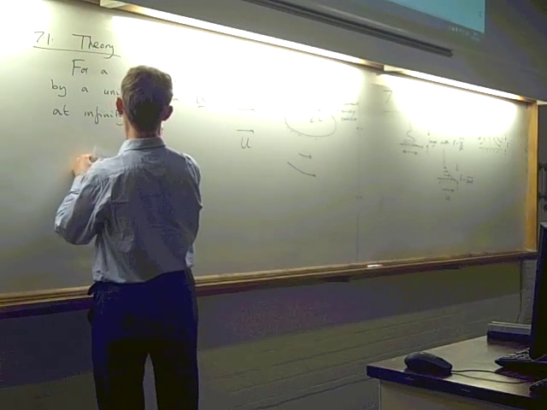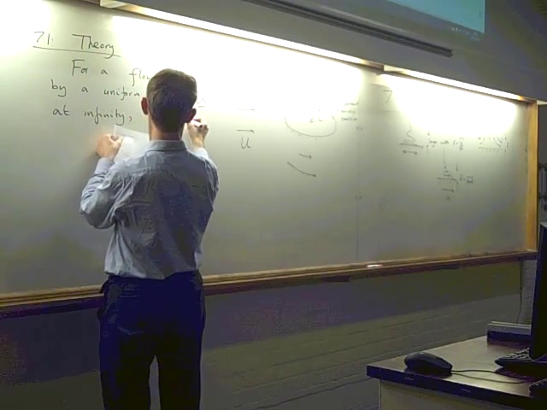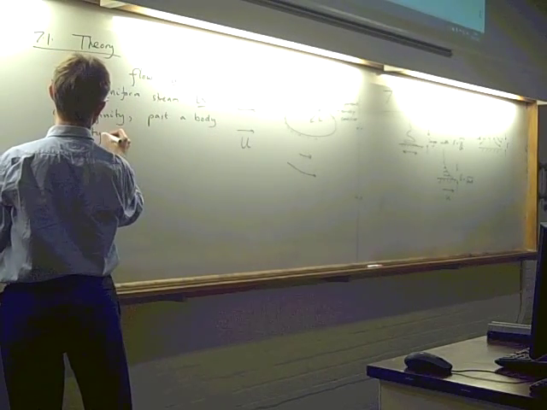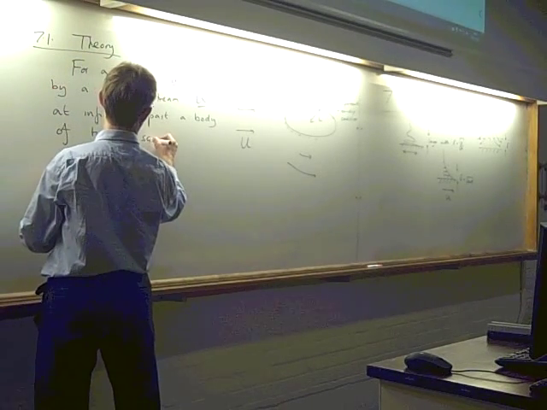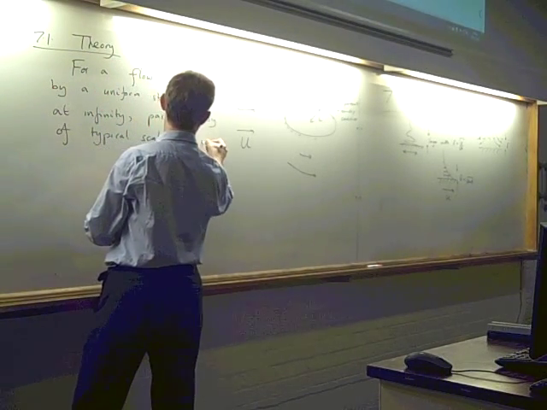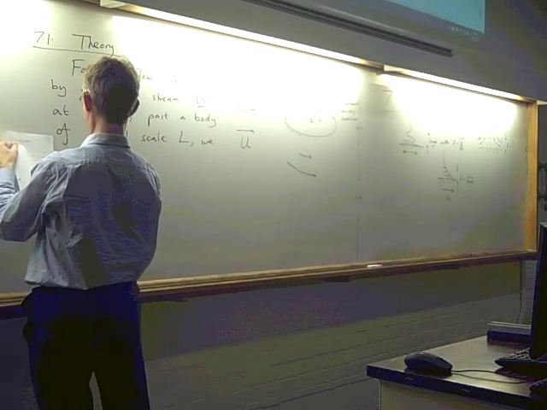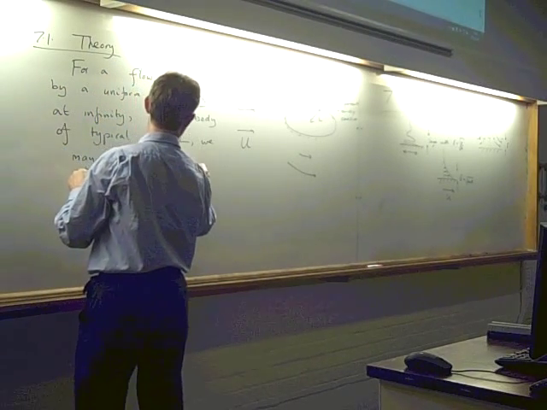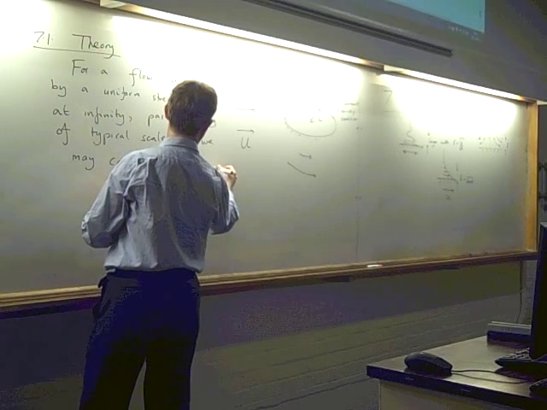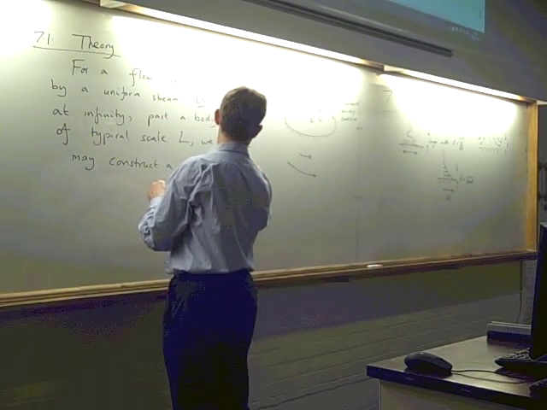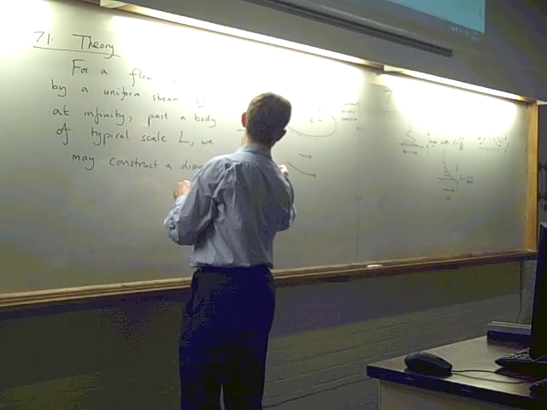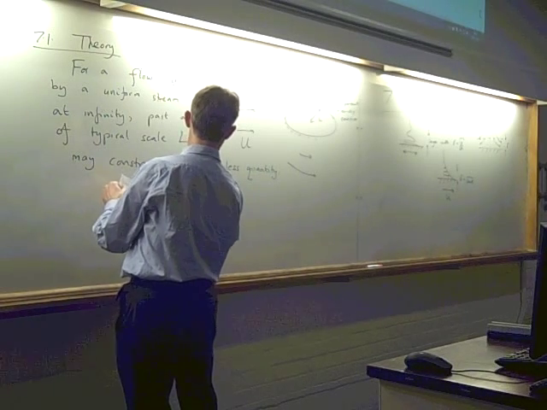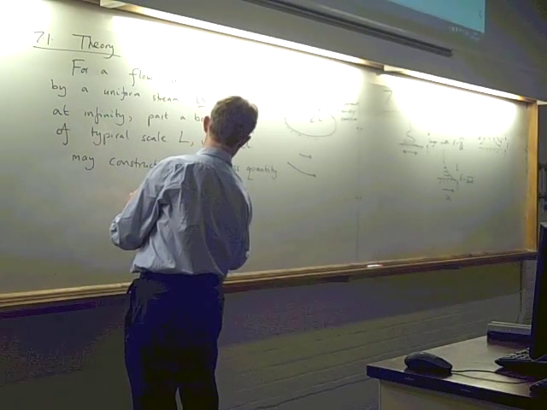And for flow going past a body of typical scale capital L, we may construct a dimensionless quantity which is called the Reynolds number. R is big U times L over mu.